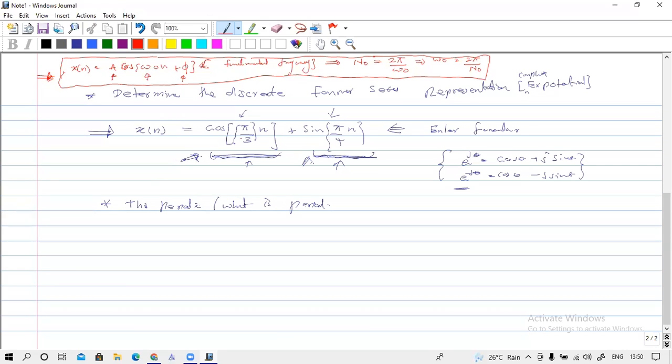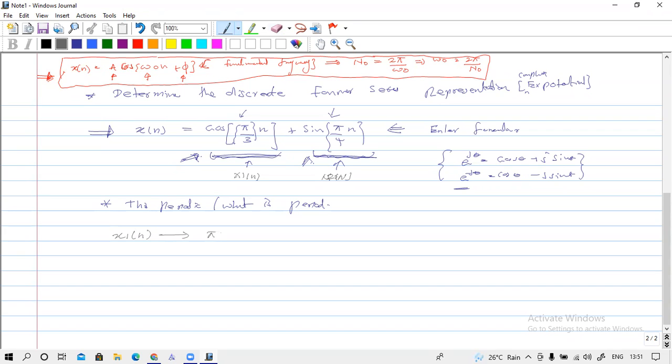So for the signal, let's say this is x1[n] and this is x2[n]. If you consider x1[n], what is the fundamental frequency?